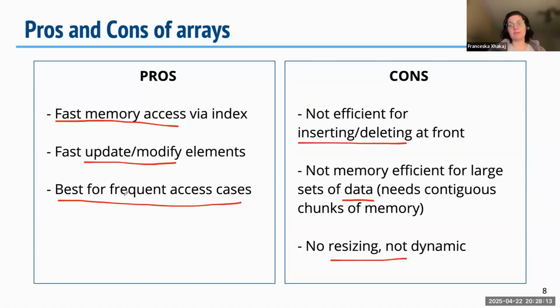But if you have a lot of data and the data for some reason is being inserted at the front, arrays are not good for you. So there's no one size fits all data structure. We choose a data structure based on the scenario that we have and the pros and cons of the data structure. As we move through the lectures in the semester, we will see how arrays can be used as a basis for implementing other data structures based on the pros that they have.